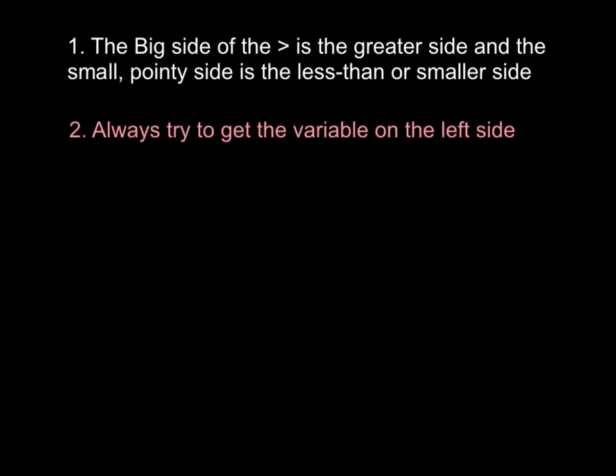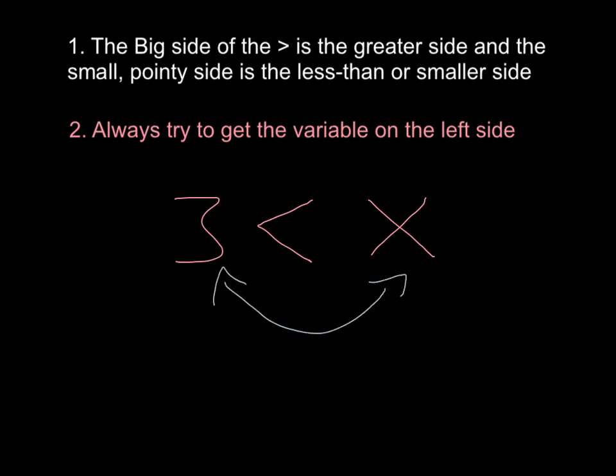Number 2, always try to get the variable on the left side. So if we have 3 is less than x, we want to flip the 3 and the x around, but remember when we do that, we also have to flip the direction of the less than sign.